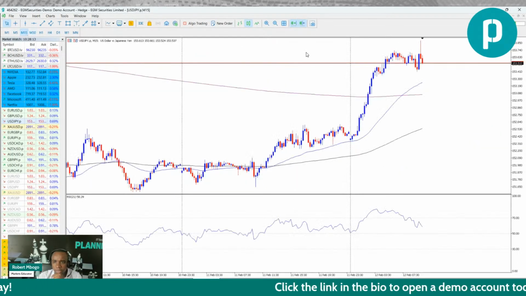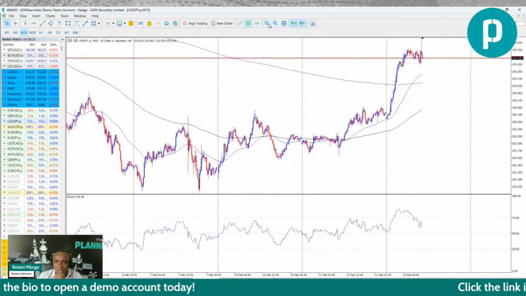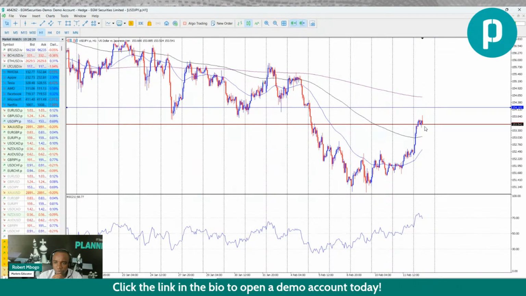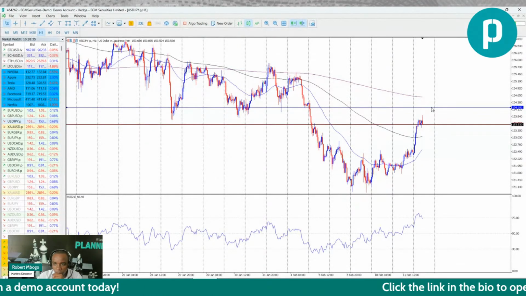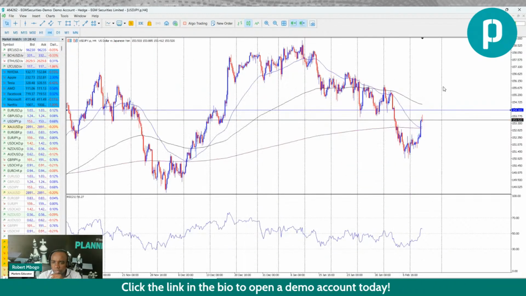So we can see USD JPY, I would want to see a bearish move right now. However, we still have a bullish move to play, right? So this is more of price coming to form a higher low, and then we go for the higher high. That's how I would want to trade USD JPY.